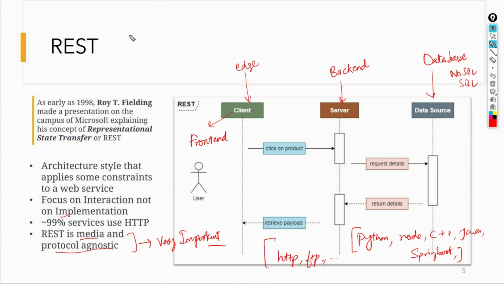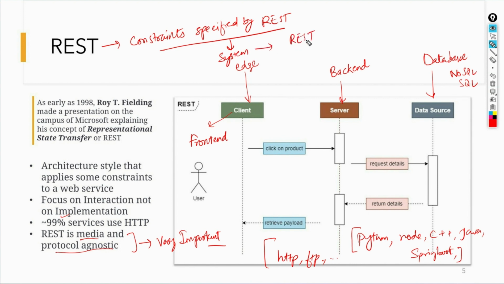As long as the constraints specified by REST are applied on the system, we call that system a REST compliant or REST based API, or whatever you call it. And if the choice of protocol is HTTP, then we have a specific name called RESTful API.